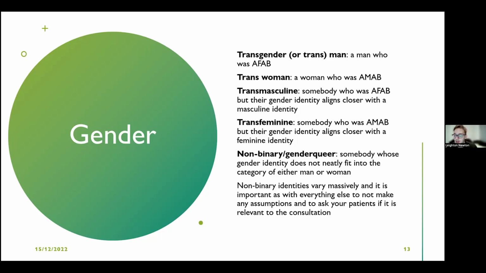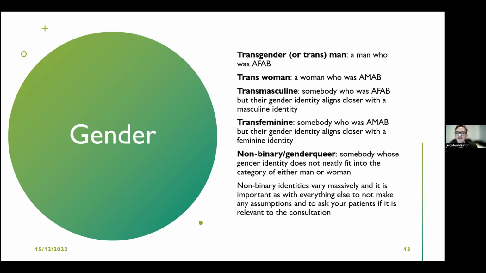We've got non-binary or genderqueer, which mean similar things. Somebody whose gender identity doesn't fit neatly into the category of either man or woman. So you could be a trans masculine non-binary person because you might not identify as a man, but your gender identity fits more into the masculine side of the spectrum than the other side.